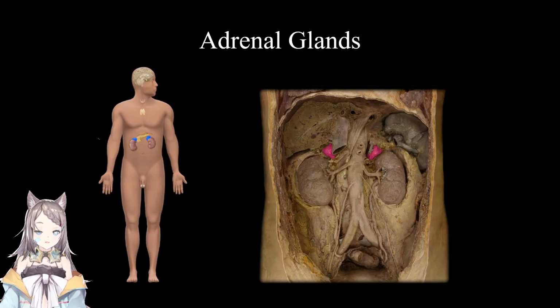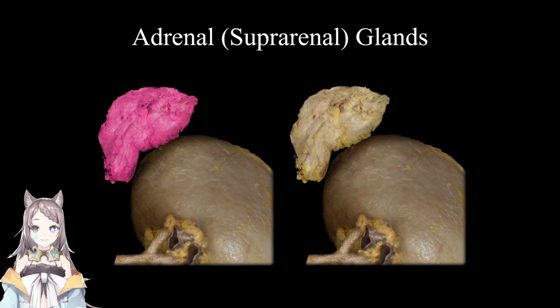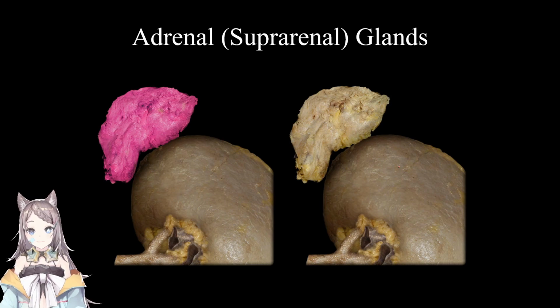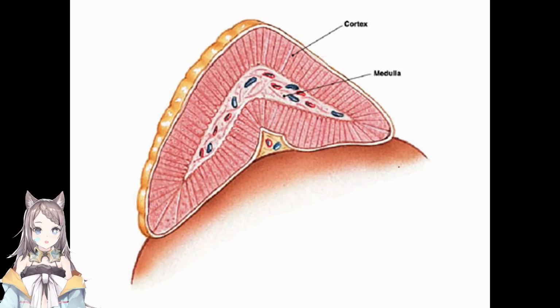So you have your adrenal glands here on the screen. As you can see, they are on top of the kidneys. They are shaped like a little cap. Okay, so this is your adrenals. This is an illustration of the cortex and medulla.